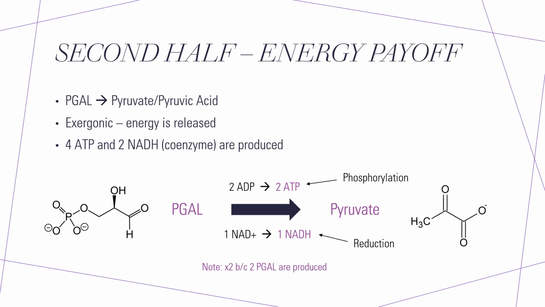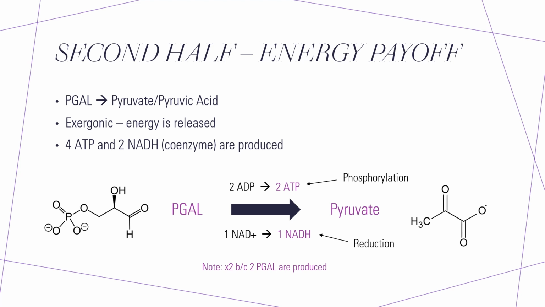The second half of glucose is when the 2 PGALs that are formed in the first half are configured into a differently structured 3 carbon compound called pyruvate or pyruvic acid. This part is what some would refer to as the energy payoff phase, or the exergonic phase, meaning that energy is being released here.